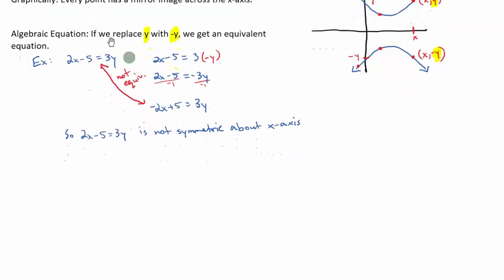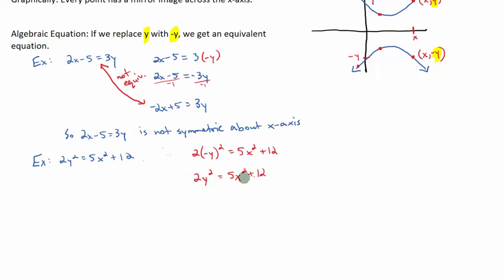Let's try another one. 2y squared equals 5x squared plus 12, and let's replace y with negative y. When I square negative y, I get y squared because the negative becomes positive.